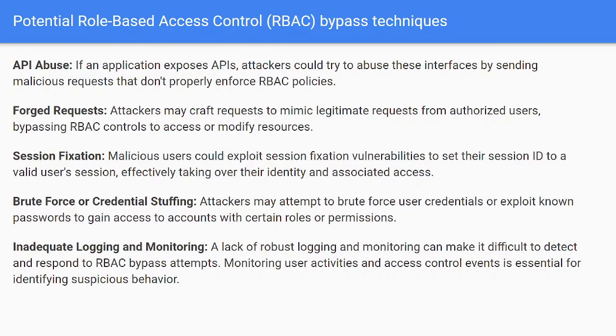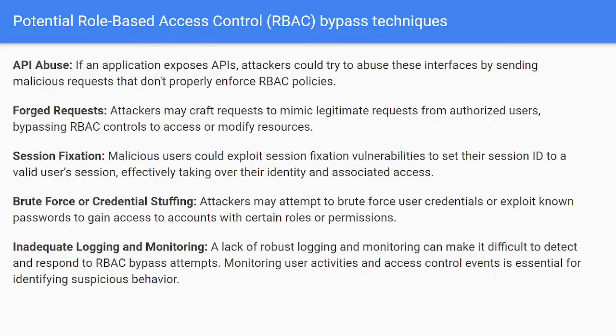Then the next one is forged requests. Attackers may craft requests to mimic legitimate requests from authorized users, thereby bypassing the role-based access control to access or modify resources. So they can camouflage or make certain requests that will mimic an authorized user's request.